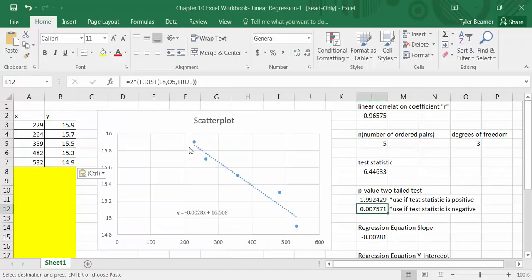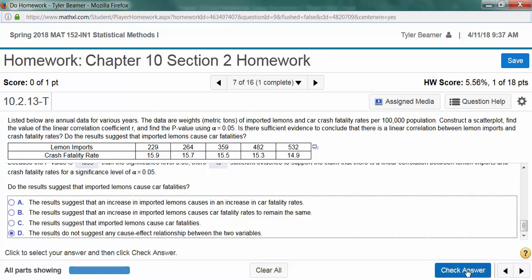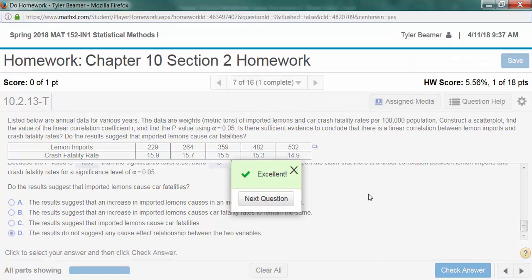So what we are suggesting through the data is that as lemon imports increase, car crash fatalities actually decrease. Since we have a negative linear correlation, our line is going down here. Our R value is negative. So by process of elimination, I'm going to eliminate A, B, and C. I'm going to choose D. Let's see what happens. Excellent.